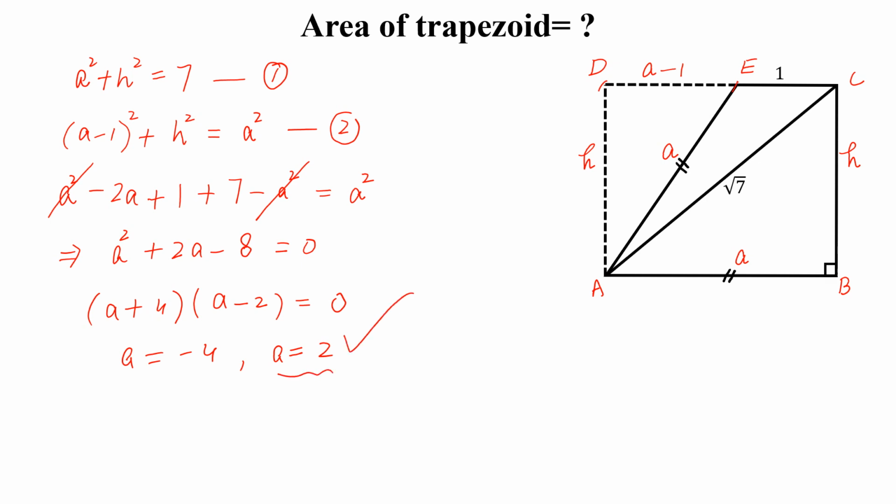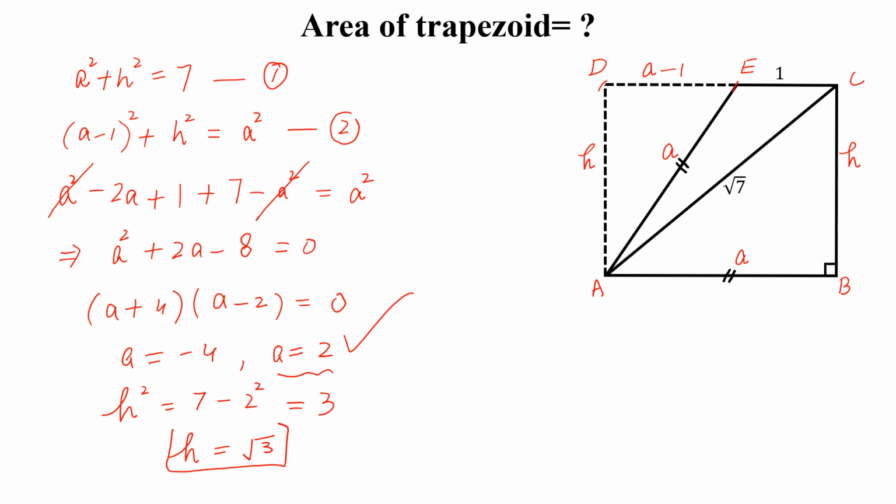Now what is the height of this trapezoid? So H square equal to 7 minus 2 square, that is 7 minus 4, so this is 3. So H is equal to square root of 3.